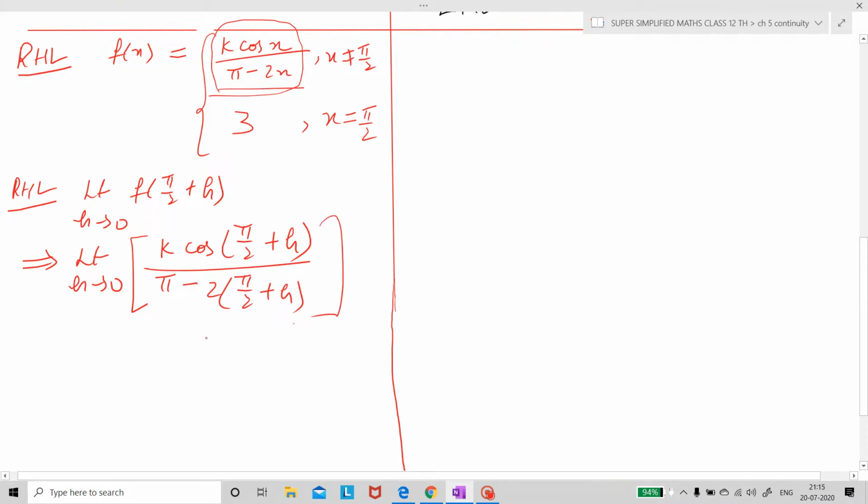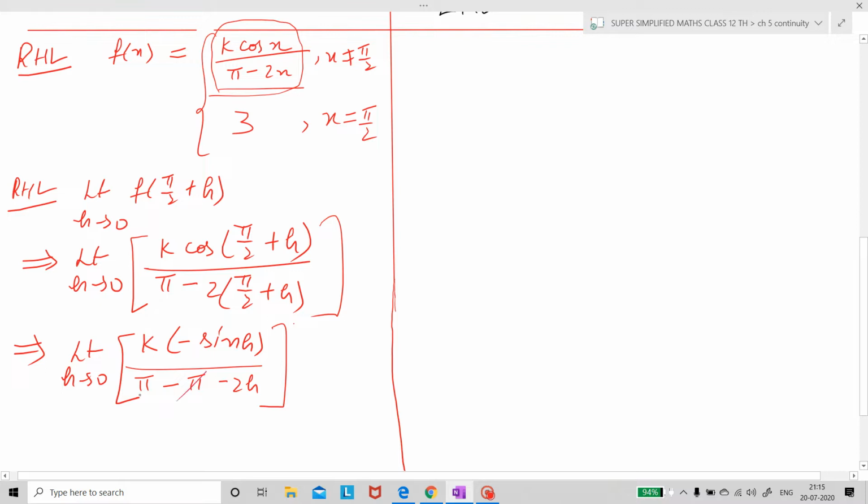Now cos 90 plus theta is in the second quadrant, which is equal to minus sin theta, because the value of cos is negative in the second quadrant. So we get limit h tends to 0 k into minus sin h. Here you can note down that the value of cos of pi by 2 plus h is minus sin h, divided by, you expand this bracket, pi minus 2 into pi by 2 is also pi, and minus 2h.